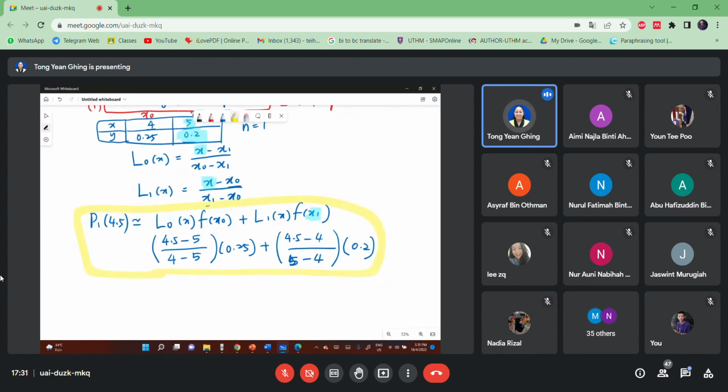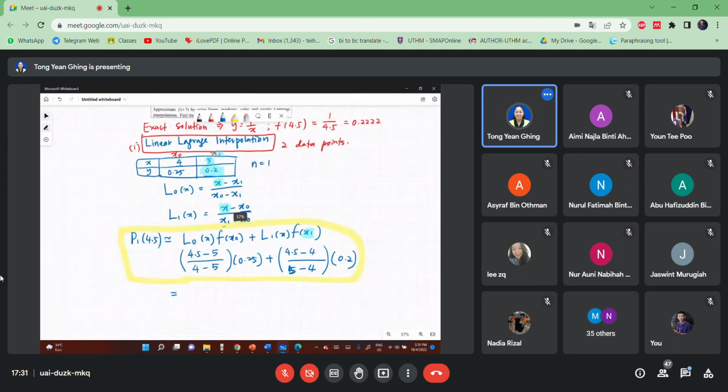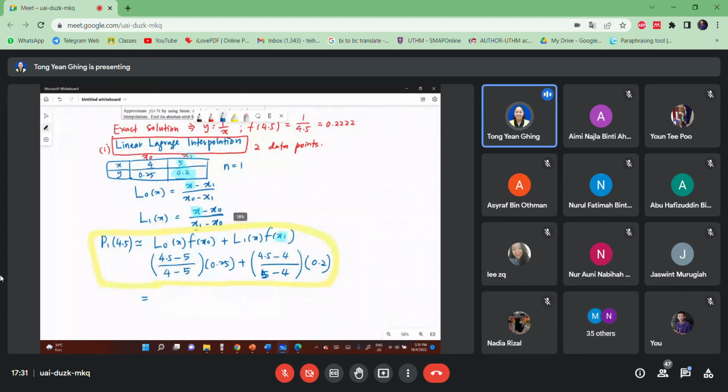So you just calculate. Maybe it's easier here because we only have two data points. If you have many data points, you can key the calculation into the calculator.